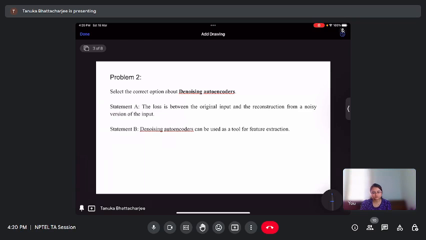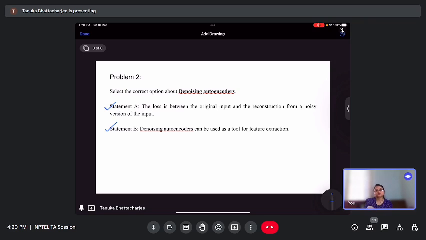Statement A. Yes, statement A is of course correct, but along with that statement B is also correct, because any of these autoencoders you can use as a tool for feature extraction. So when you are learning a denoising autoencoder, you have a noisy version of the input fed to the network, and you try to reconstruct the original output.